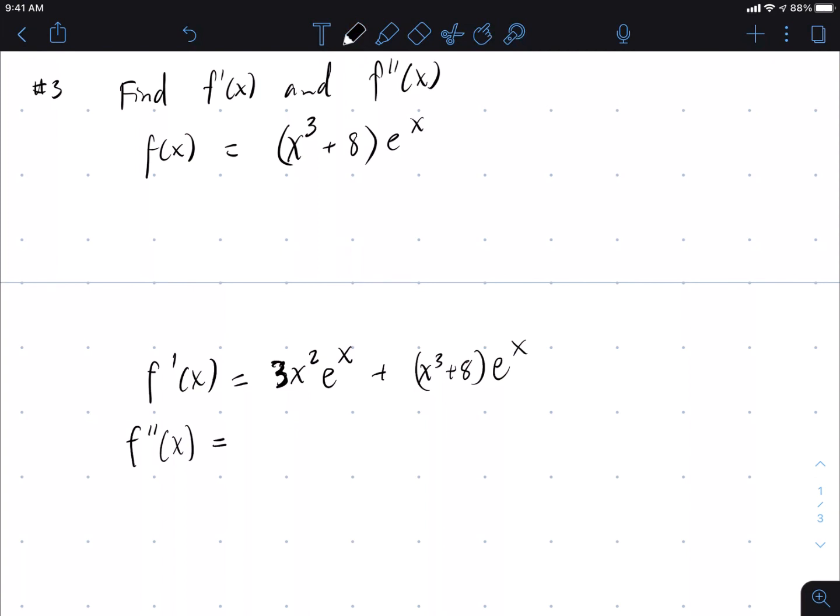This first part, though, I do have to do the product rule. So I'm going to get 6x e to the x plus 3x squared e to the x plus 3x squared e to the x plus x cubed plus 8 e to the x. And then we can see that we can clean this up.